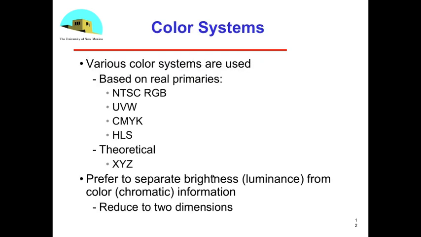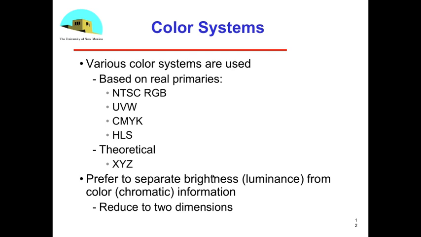And what are those systems? Well, the ones we'll talk about briefly are NTSC RGB. That's the system that was originally derived for color CRTs in the U.S. NTSC is the National Television Systems Committee, which set the standards for television in the U.S. In Europe, that's generally known as never the same color twice.